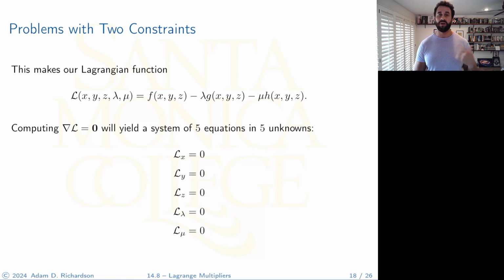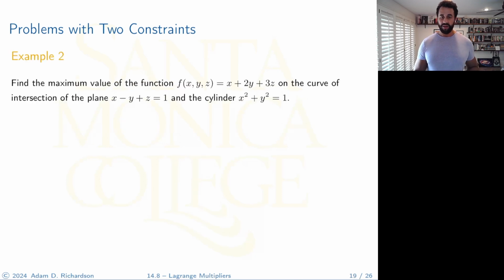So compute all those partials, set them equal to 0. Now you've got a system of 5 equations and 5 unknowns. You can solve the system of equations using whatever technique you want to use for solving systems of equations. That's it. Okay. All right.